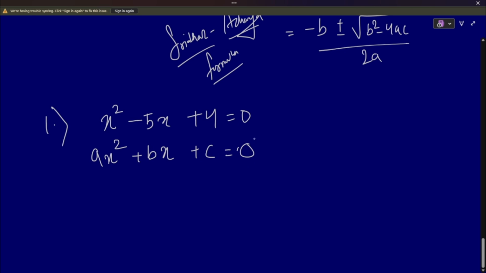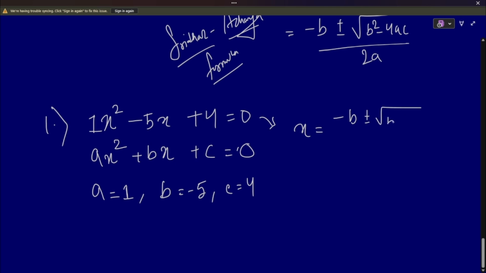And when you get this form, only then you can conclude that, okay, this is a, this is b, this is c. So you see that a, b and c can be compared now. So we conclude that a is 1, b is minus 5, and c is 4. And that is why, applying Sridharacharya, we can say x is minus b plus minus root over b square minus 4ac, whole divided by 2a, right?